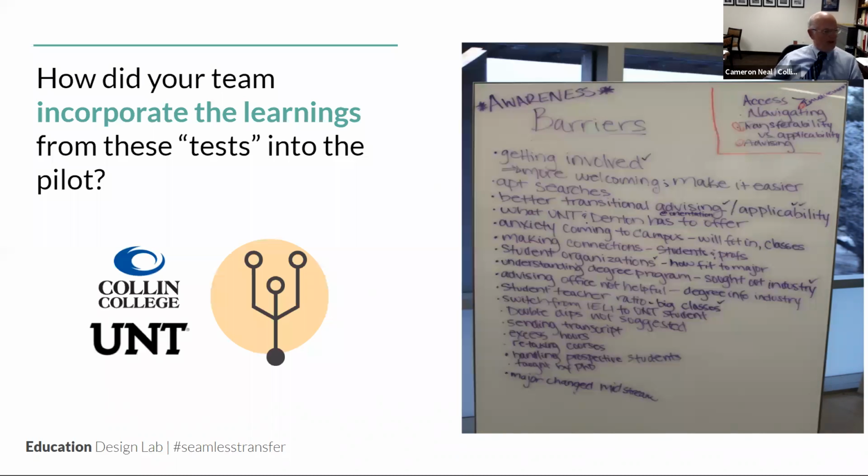But one of the biggest elements in creating the prototype was we had heavy advisor involvement in creating that prototype. So we had our advisors talking with UNT advisors, and some of the issues, some of the choke points in transferring were things that maybe should have been obvious to us, but weren't.